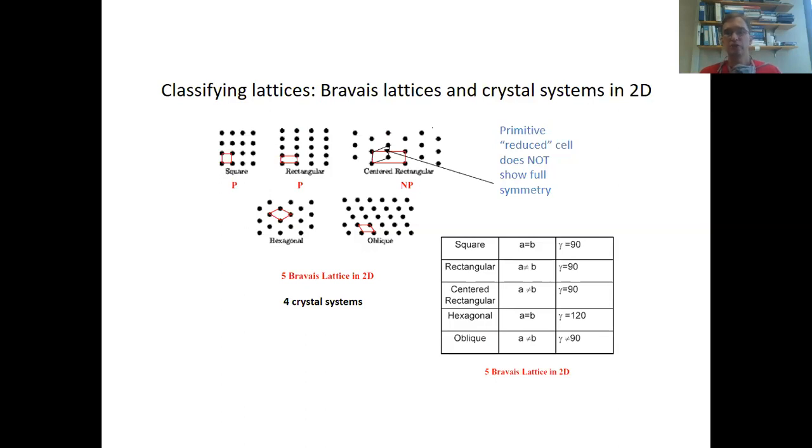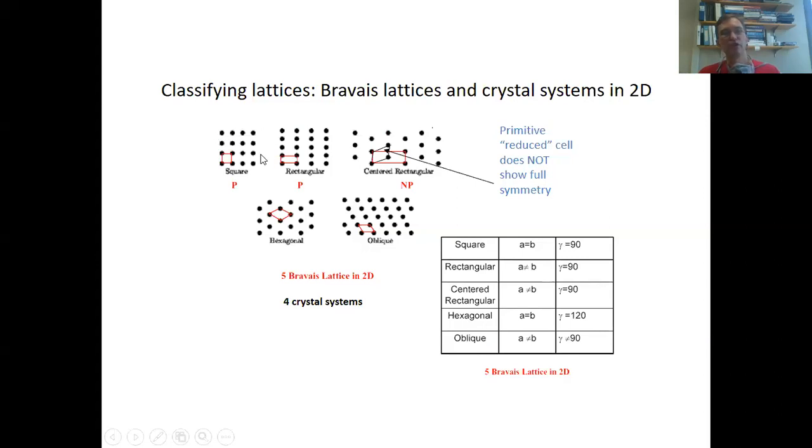For simplification, we first look at two-dimensional unit cells with two-dimensional crystal systems, and in the next step we will go to three-dimensional unit cells and crystal systems. In two dimensions, there are overall four crystal systems that have particular unit cells associated with them.